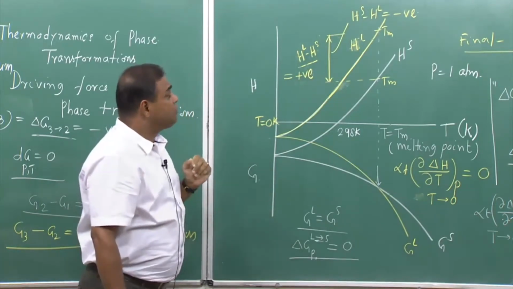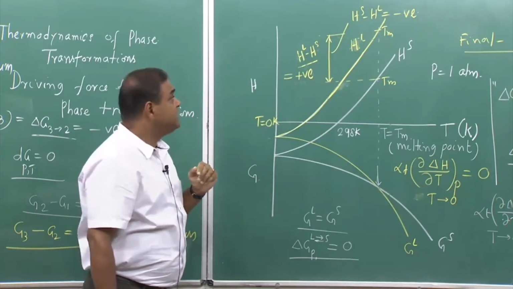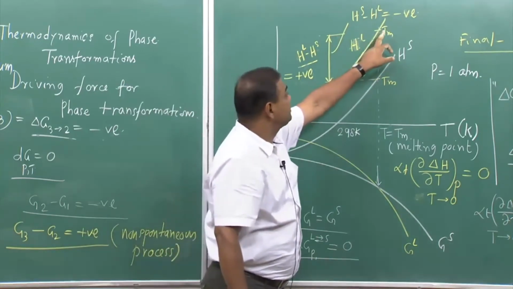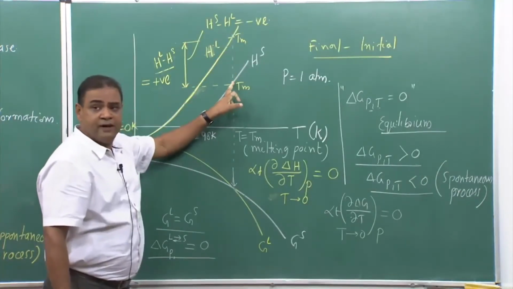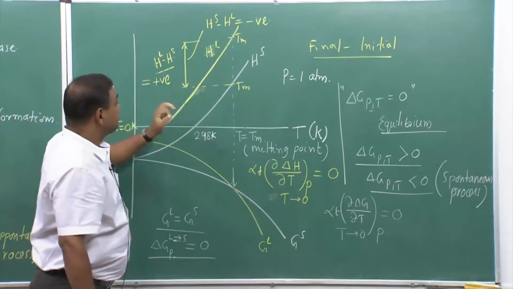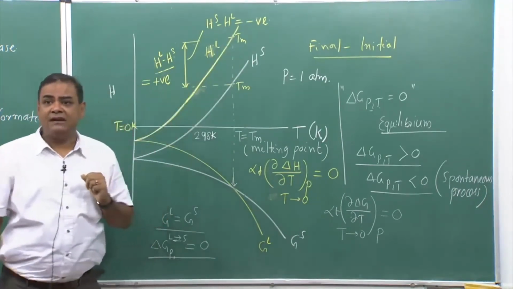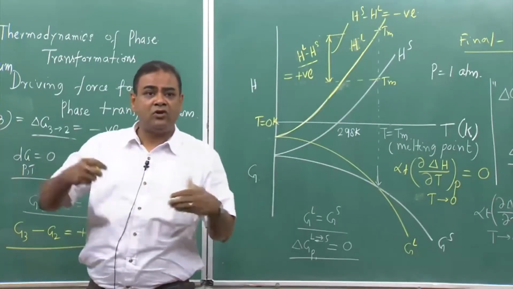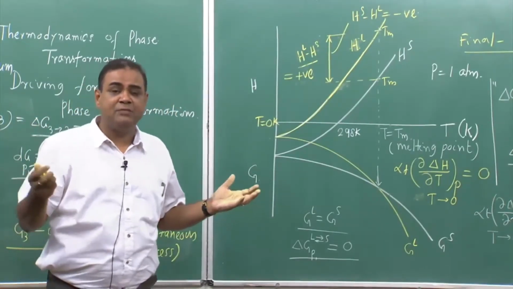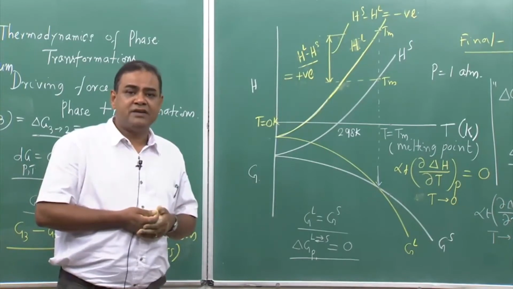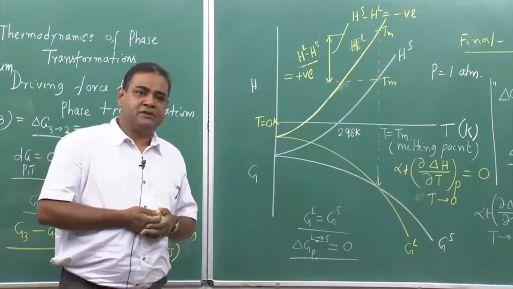If it is liquid to solid, I am seeing that the enthalpy reduces from this point to this point, and if I see solid to liquid, enthalpy increases from this point to this point, and that time, even though there is a lot of heat capacity change or enthalpy change, I do not see any change in temperature.